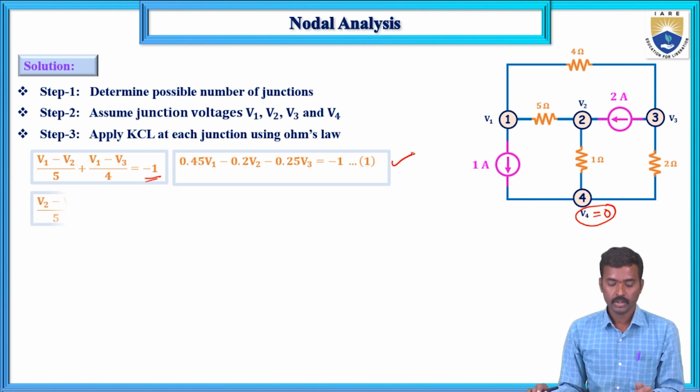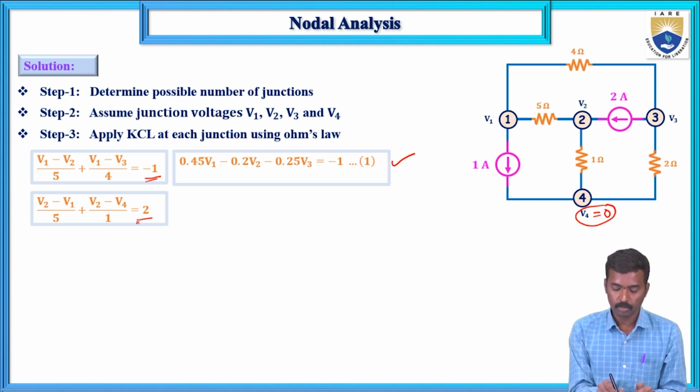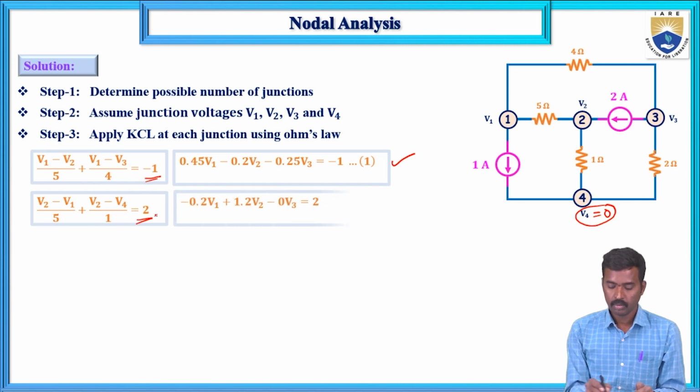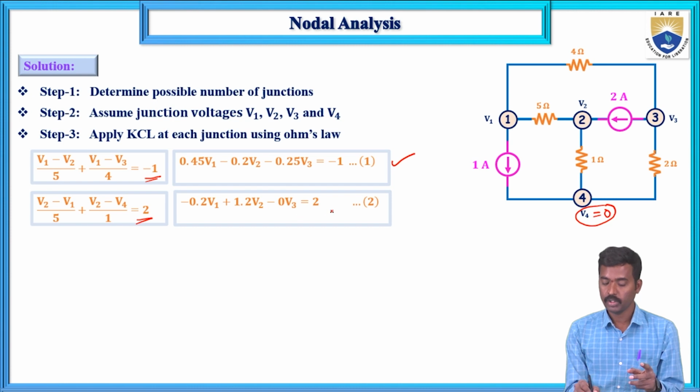Equation number 1. Next, (V2 minus V1) by 5 and (V2 minus V4) by 1 is equal to 2. This is entering current, plus 2. Minus 0.2 V1 plus 1.2 V2 plus 0 V3 is equal to 2.